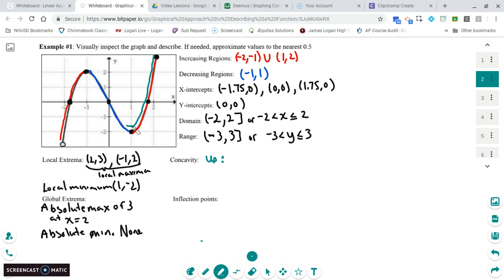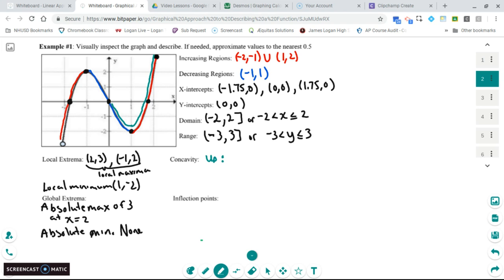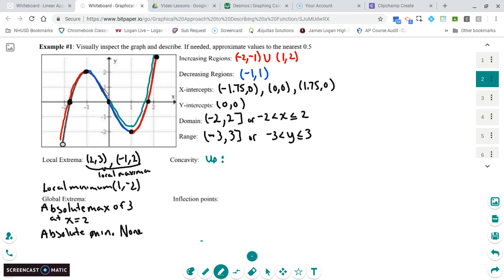Okay, and then it turns. I have to decide now where to end my bowl up. So do I end here at the origin or do I go a little bit further? You have to make a decision here because we're estimating. We're not doing this analytically, we're just estimating. So I think I'm going to end right here at the origin, just making an estimate. So there's my bowl up region. So I list the domain values: that is from x equals 0 to x equals 2.